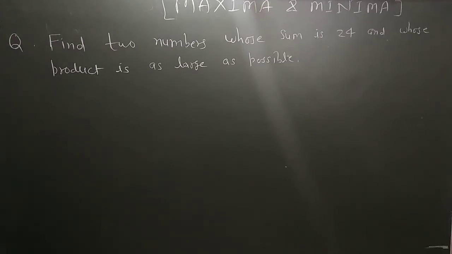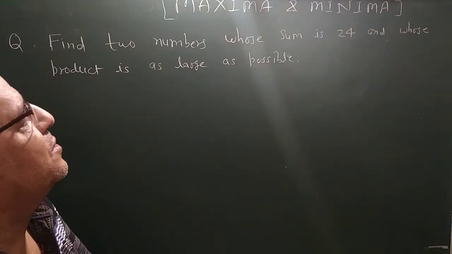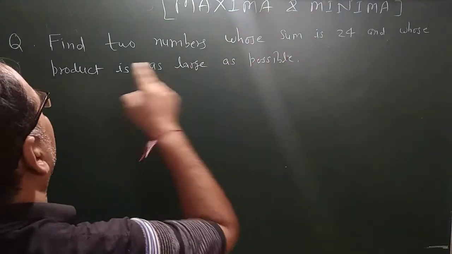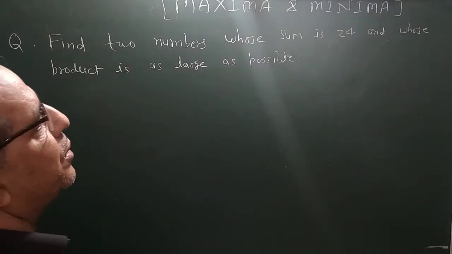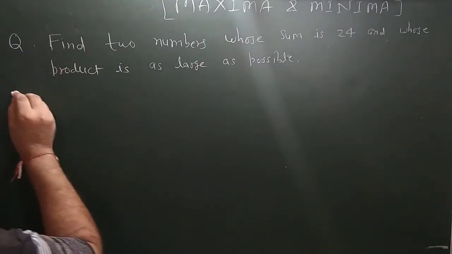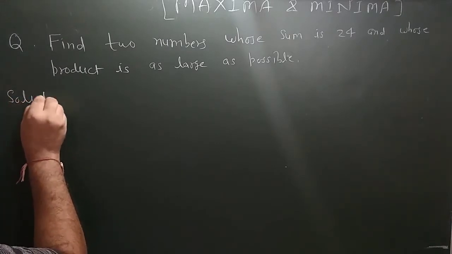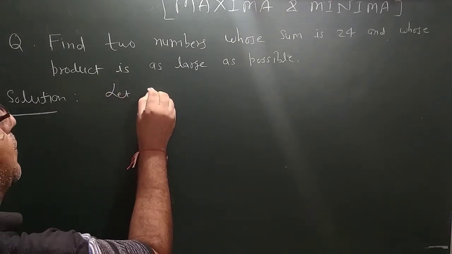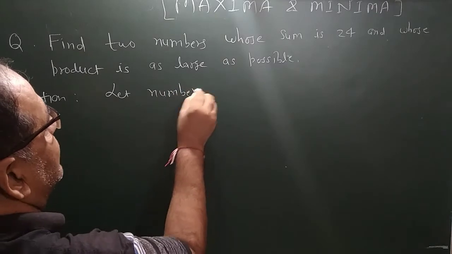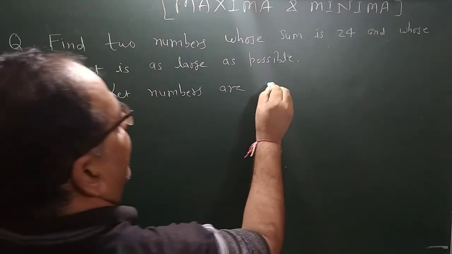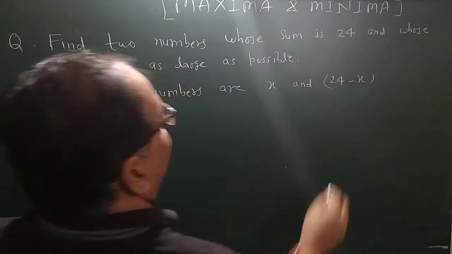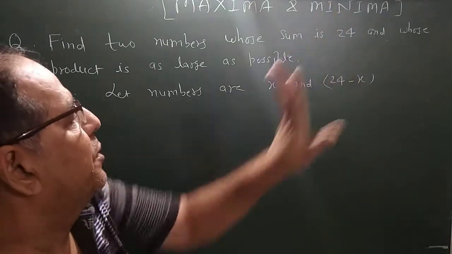Now I am taking problems based on the second order derivative test. The first question is: find two numbers whose sum is 24 and whose product is as large as possible. Let the numbers be x and 24 minus x, because the sum of the numbers is 24.